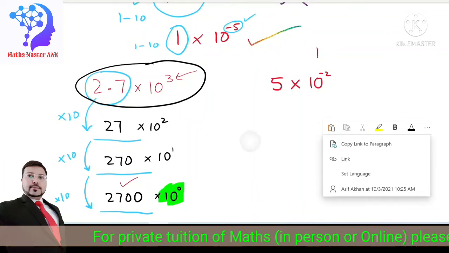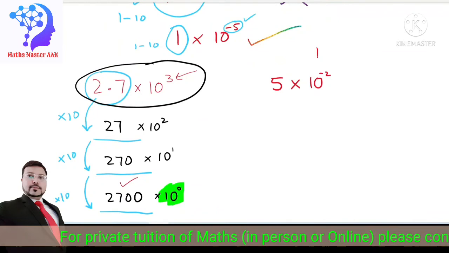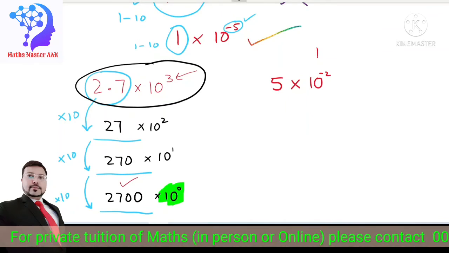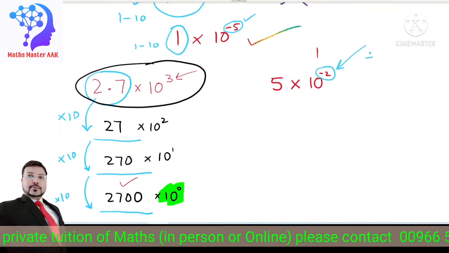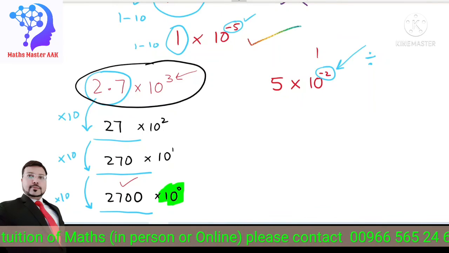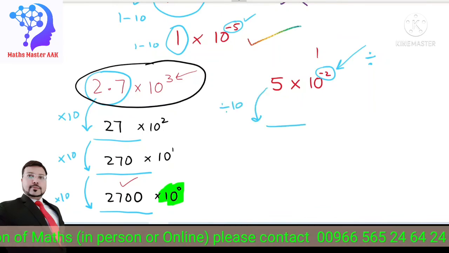Then in this case, it means you have to divide this number 2 times. Here you have the power 2, so the minus sign will show that we divide 2 times. So when you divide this 5 with 10, you will get one number.